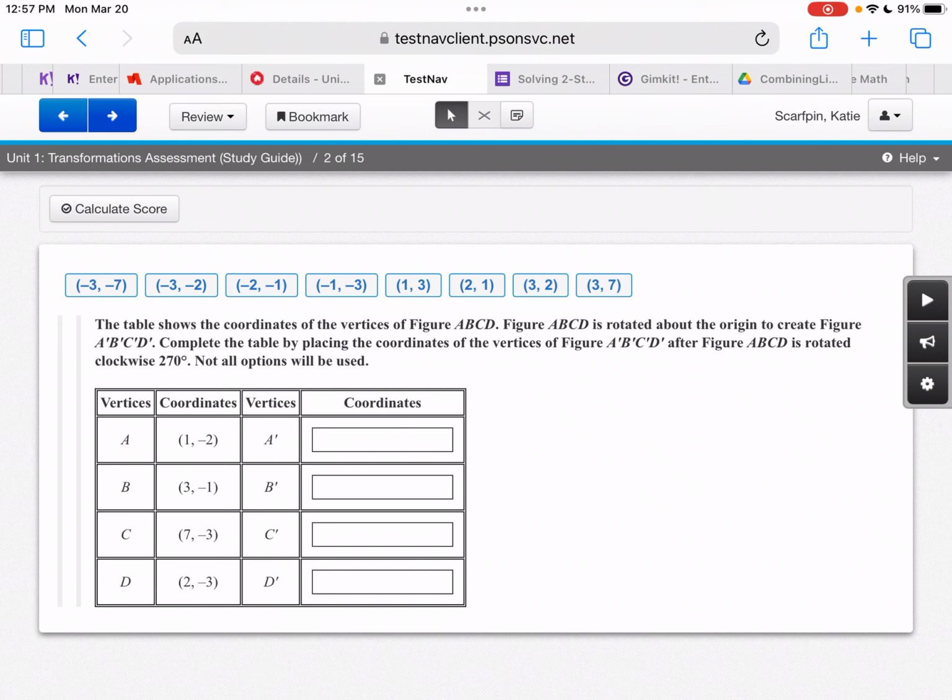So if I'm going 270 degrees clockwise, that means that I'm going to reverse my points and make the first one the opposite. So instead of it being negative 2, 1, it's going to be positive 2, 1.